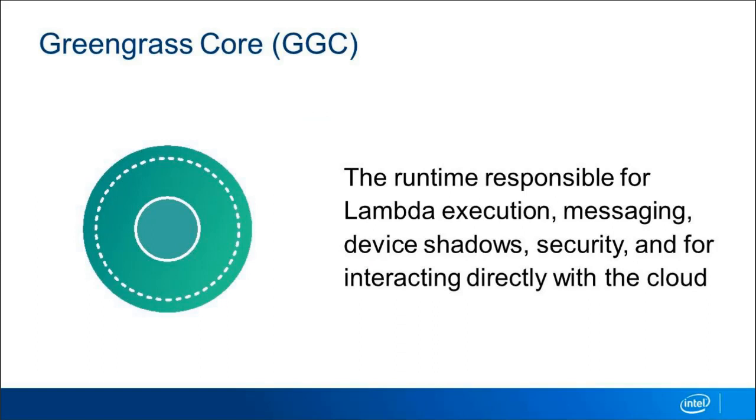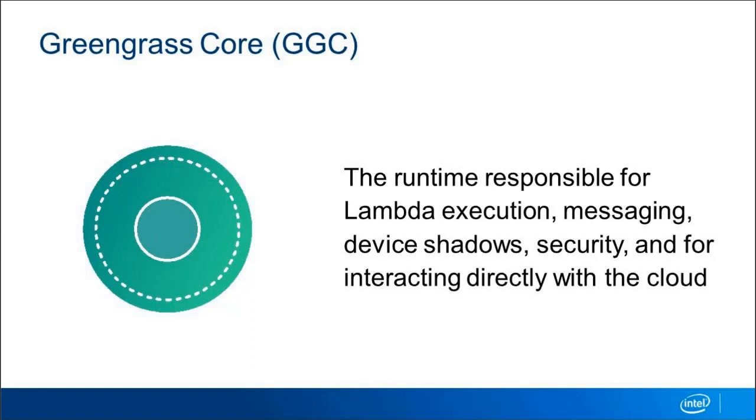So all four of these services run on a Greengrass core. In order to create a Greengrass core, you have to install the Greengrass agent on your device. And this agent establishes a communication line to your AWS Greengrass service running in the cloud. Then by using the AWS console or the CLI, you can configure your Greengrass core.